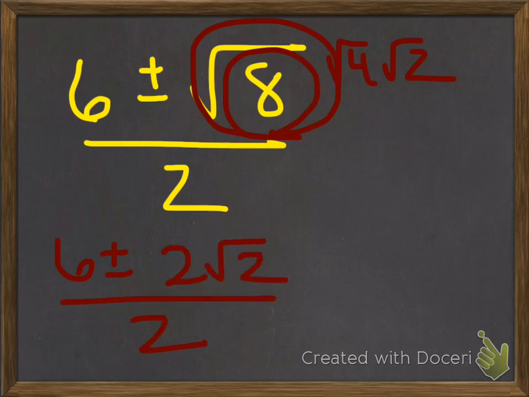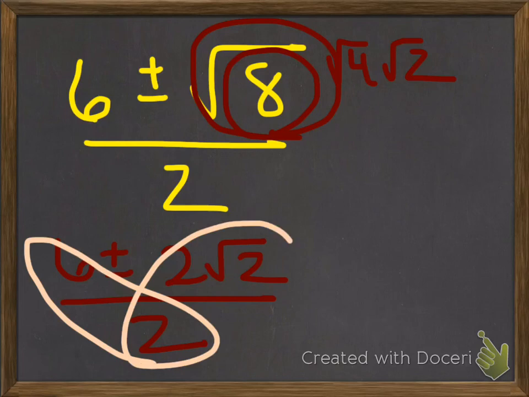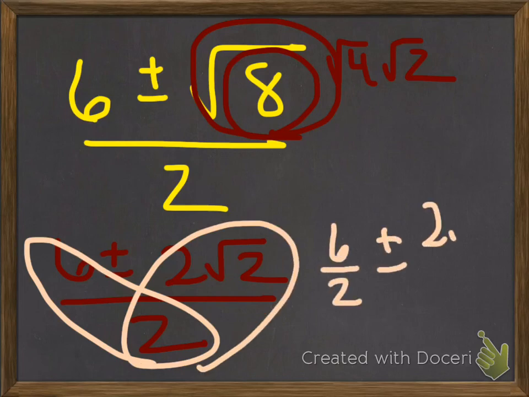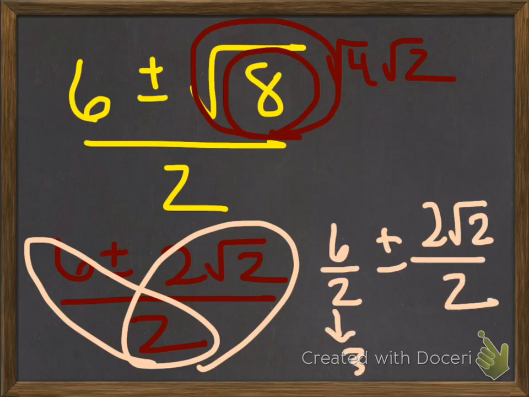I then am going to do my halves. Six over 2 plus or minus 2 times the square root of 2 over 2. That gives me 3 plus or minus 1 times the square root of 2. And that's my final answer.